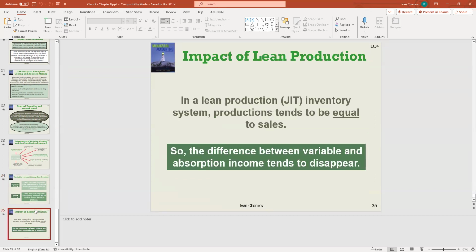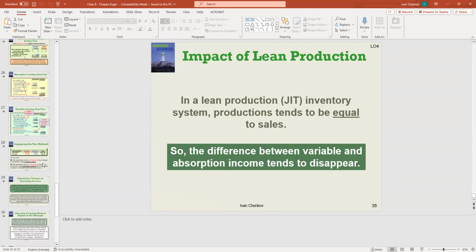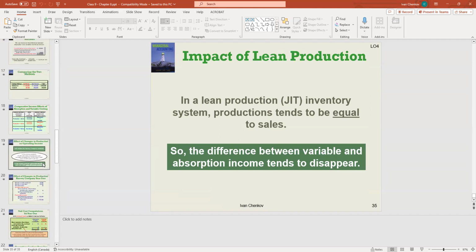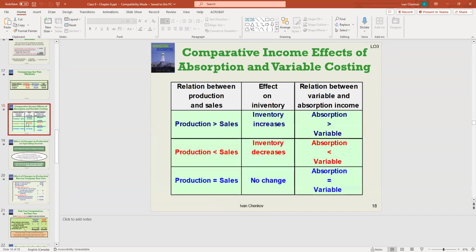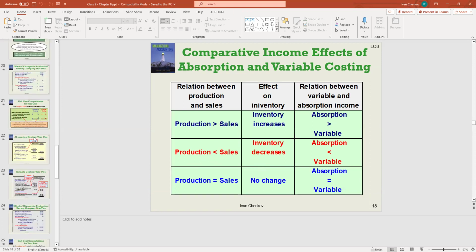Which brings us to the idea of just-in-time inventory. And as you remember, I told you about the company that's selling the hot dogs, which has just-in-time inventory. As long as our production is equal to sales, there will be no change in the inventory, and absorption is going to be equal to the variable.